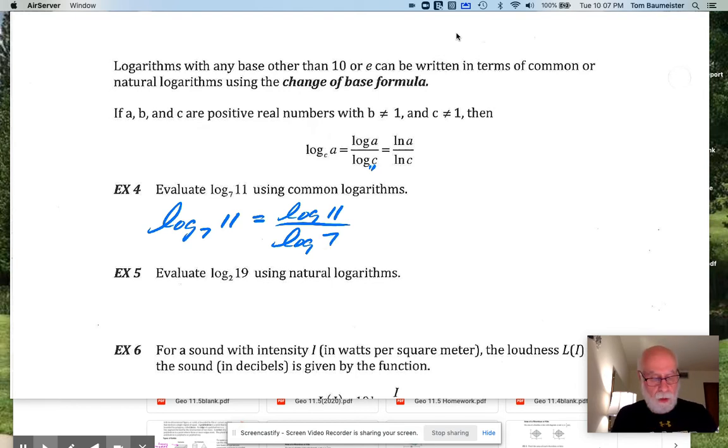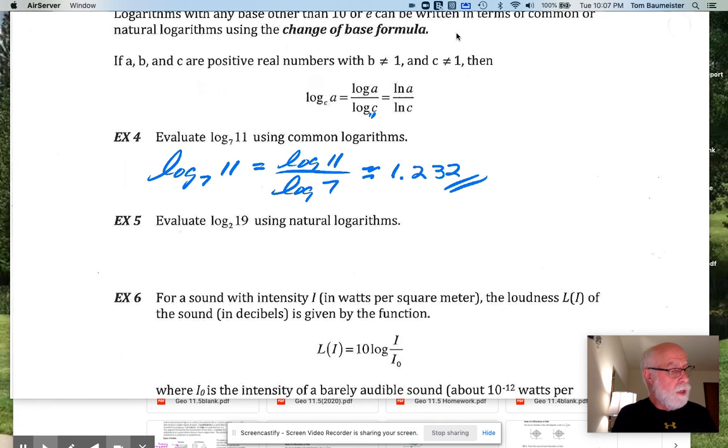And then that one there would be, if I take that and divide it, if I do the common logs in the calculator, you can just say it's 1.232. And then same thing with this one here, but I just went ahead and showed you that I'm going to just do, because I told you it could be the natural log also.